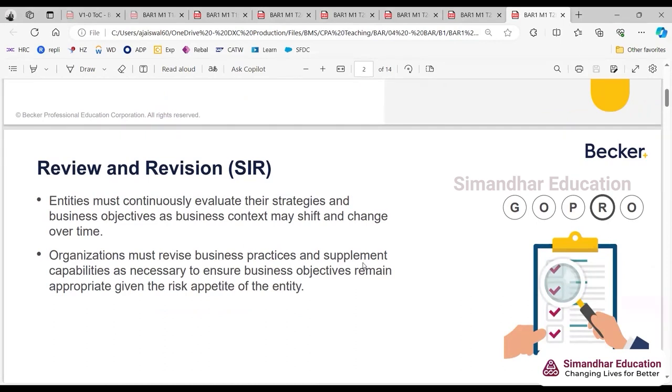So those things we'll have to look into. That's where review and revision comes. We'll have to review whatever we had assumed in the beginning, that this risk will be at this level and we are taking these steps to mitigate it, whether that has actually happened or not.